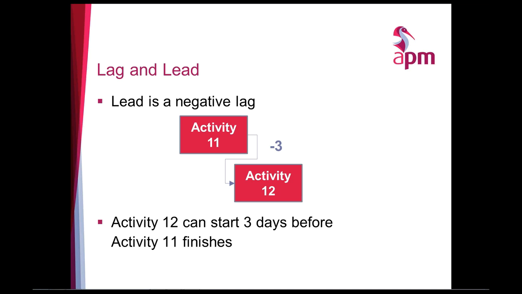Again, try to avoid it being used, because, and I have seen this, where the lag is so large the actual logic becomes illogical, because activity 12 can actually start before activity 11, depending on the duration. So again, it is there. All scheduling software allows lags and leads to be used, but try to avoid them where possible.